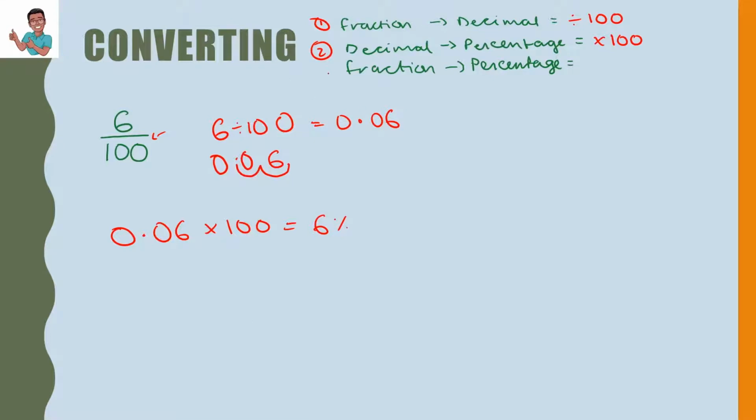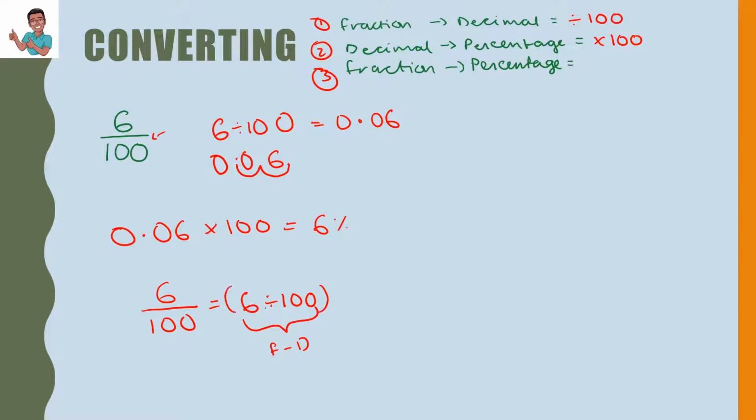Now let's have a look how we convert fractions to percentages. We will use the 6 over 100 again. What we do is we do 6 divided by 100. So this step, it would be like converting from fractions to decimals.